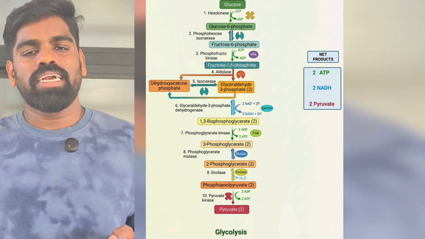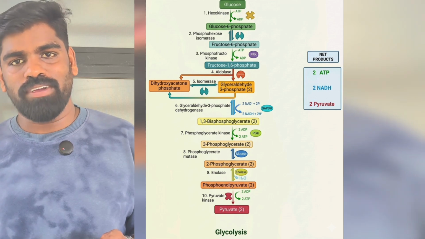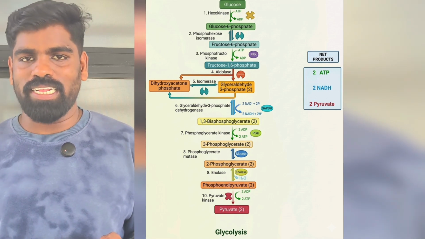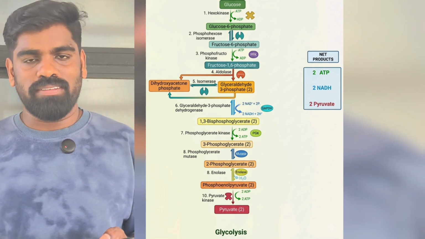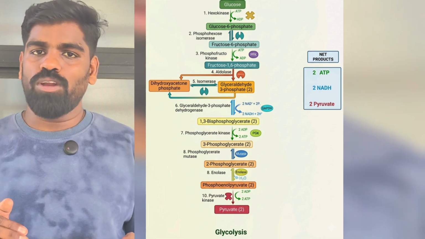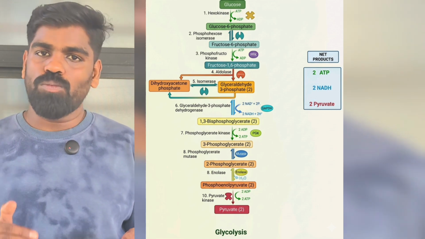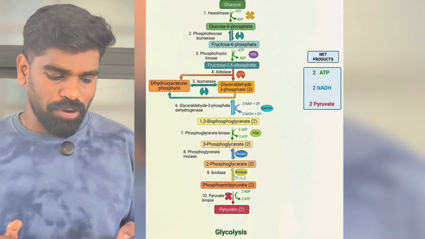At the same time, dihydroxyacetone phosphate can also carry out the same processes. That is why 2 molecules of NADH2 and 2 molecules of ATP are produced.